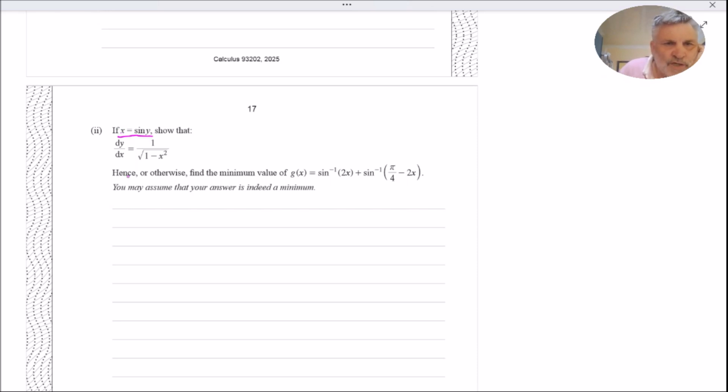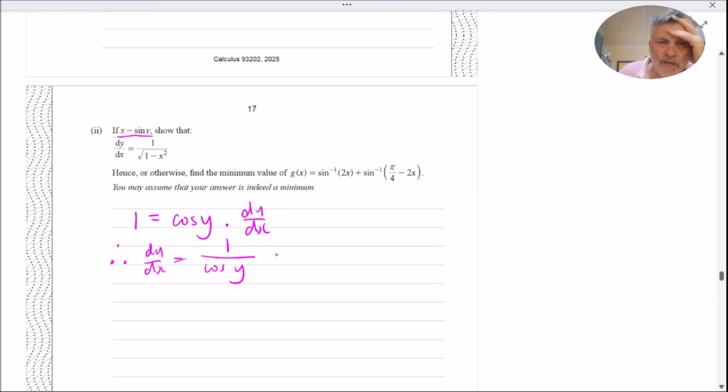So we differentiate x, you get 1. You differentiate sine, you get cosine. And because this is a function of y, we have to use the chain rule and multiply that by dy by dx. Therefore, dy by dx is 1 divided by the cosine of y.